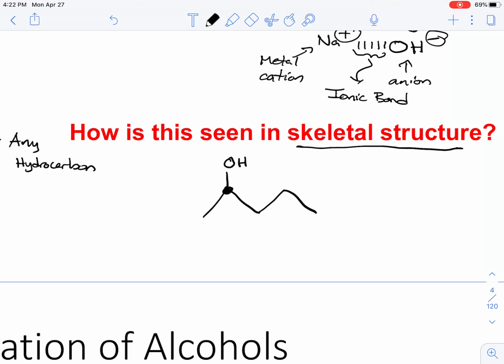So it's not really necessary for you guys to draw a covalent bond between oxygen and hydrogen. You guys can, but we're going to go ahead and just expedite our structure by writing oxygen right next to a hydrogen. And it's already implied that there's a covalent bond between them.